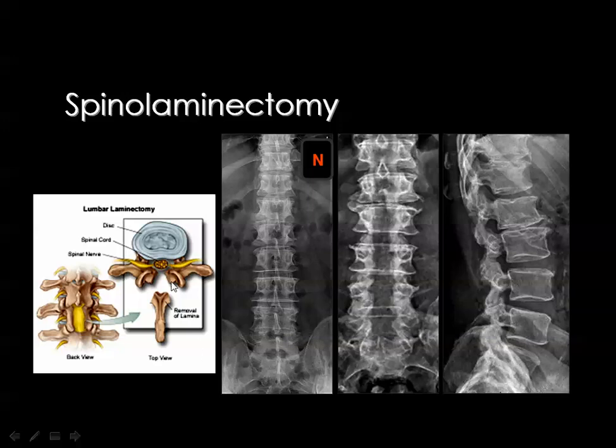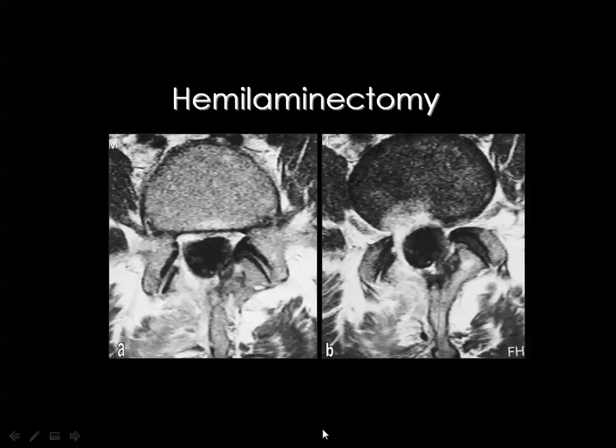But whenever you remove the spinous process as well as part of the lamina, you can see that the posterior aspect of the spinal canal is widely opened. The second type of surgery is to remove only one of the laminae, what's known as hemilaminectomy, as in this example.